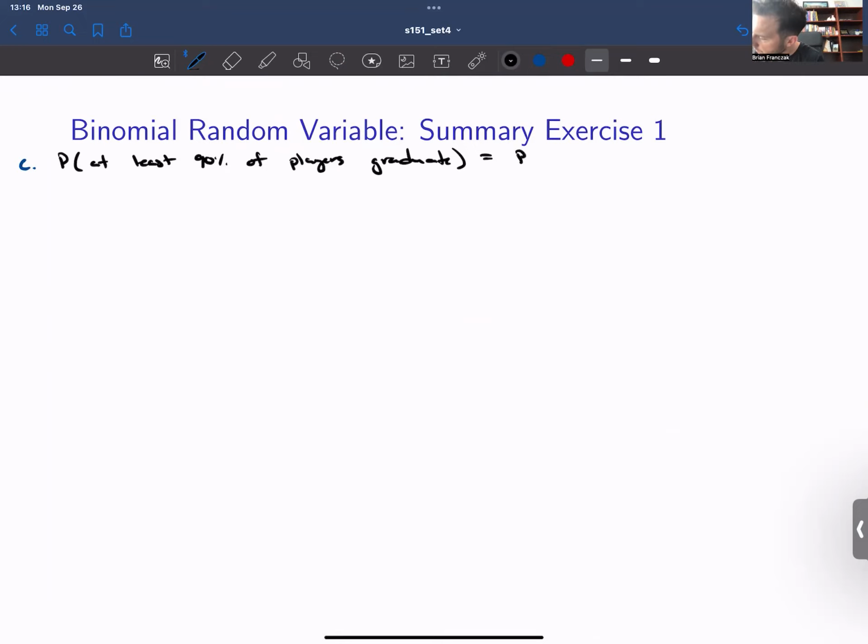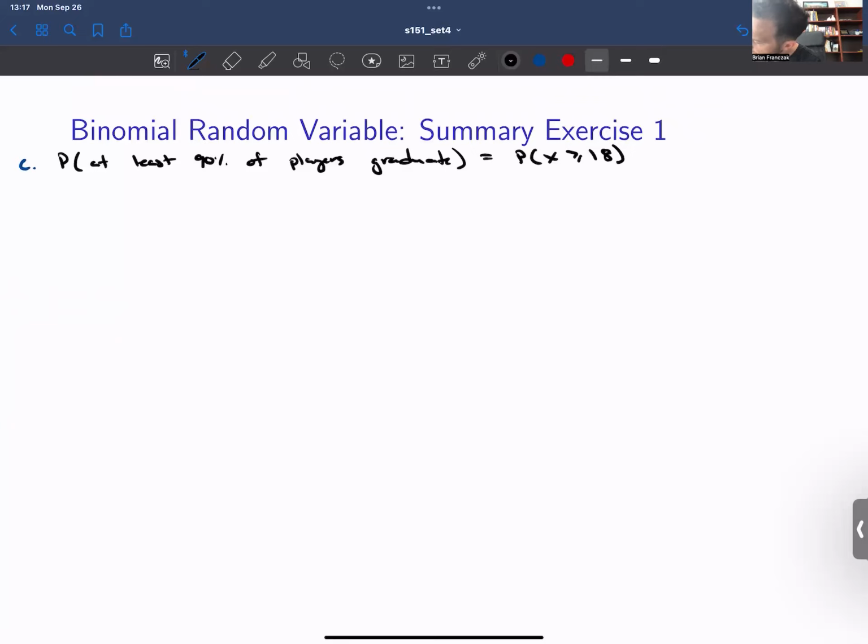So this is the probability X is greater than or equal to 18. We want at least 90% graduating, so that's 90% or more. So we want to know the probability at least 18 players graduate.